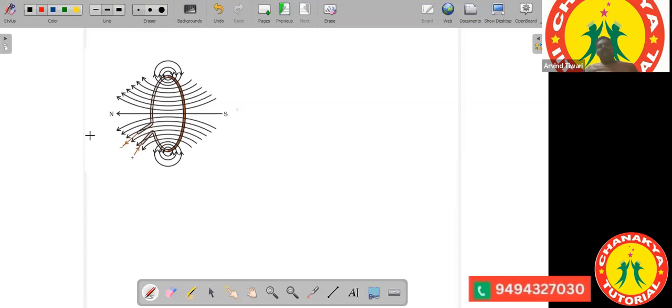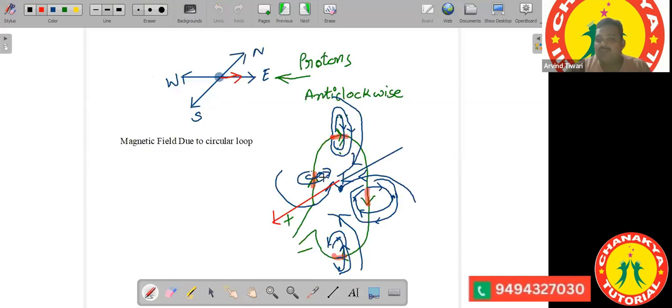Does anyone have any doubt? Just make this diagram. It's the same thing that we have drawn. So either you draw this one or you have understood this. I do this just to explain to you. You need not draw from all the sides.